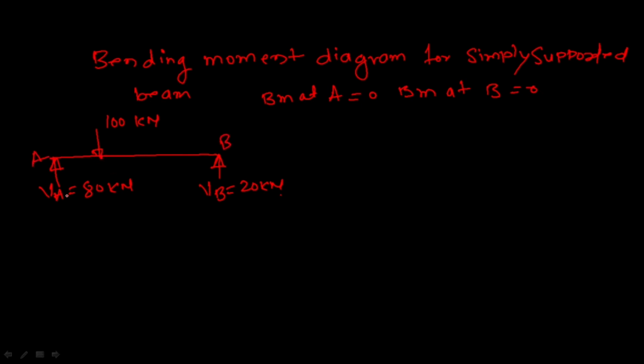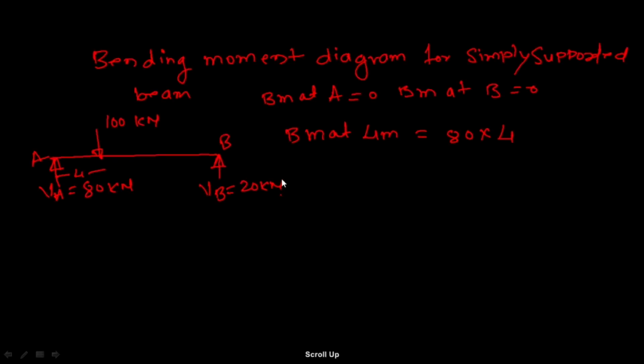Now the bending moment under the load, at 4 meter. From the left side, that is 80 into 4. The distance is 4 meter, and this VA creates the sagging bending moment. That is why we are taking it as positive.